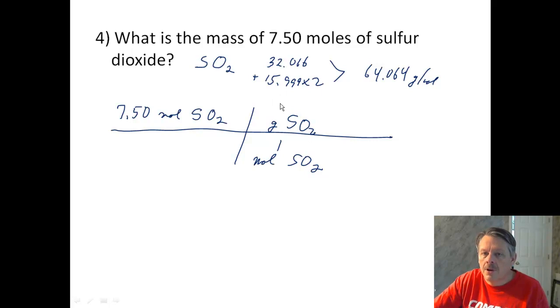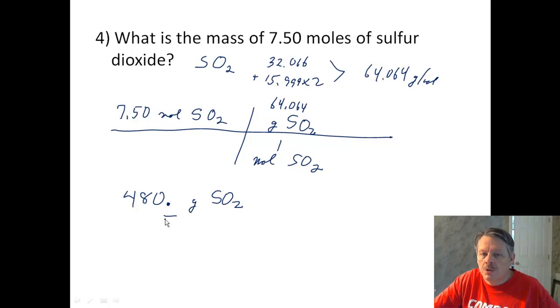And for every mole, there's 64.064 grams of sulfur dioxide in 1 mole. So I multiply this out, and I get 480., notice the decimal point, grams of sulfur dioxide.